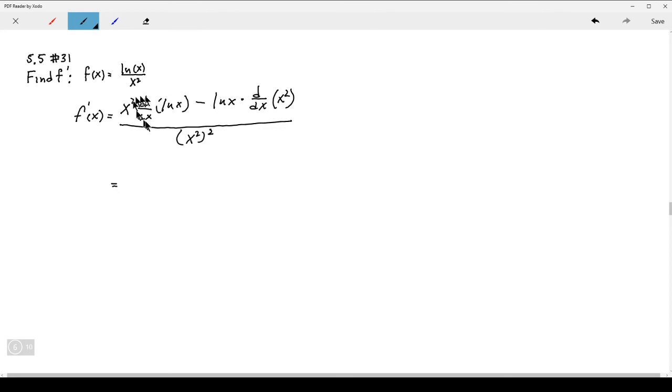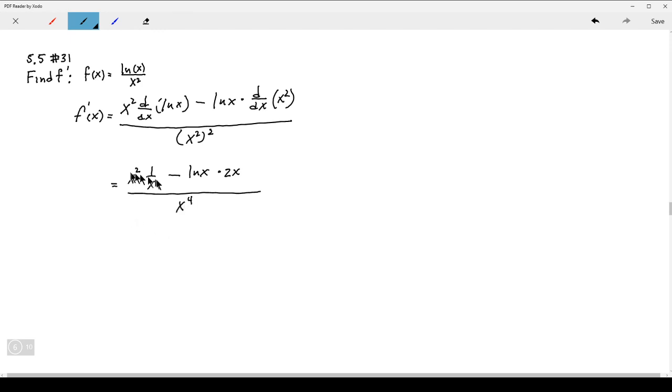All right, so we have to do these little derivatives in here. The derivative of ln of x is 1 over x. So this becomes on top x squared times 1 over x minus ln of x times the derivative of x squared, which is 2x, and on the bottom x squared squared becomes x to the 4th.